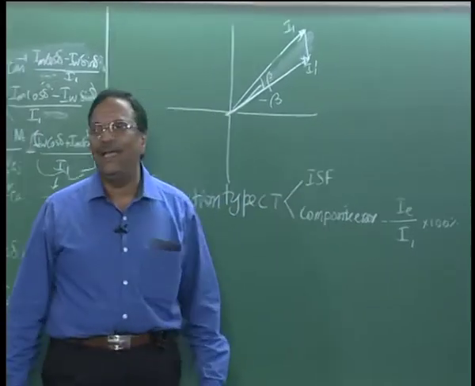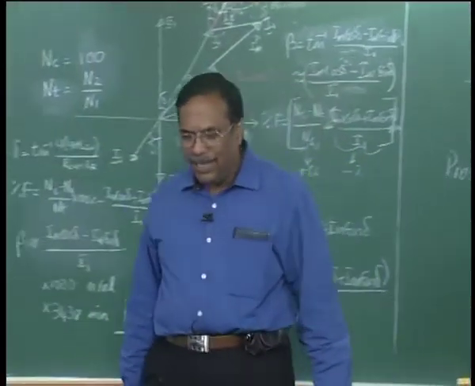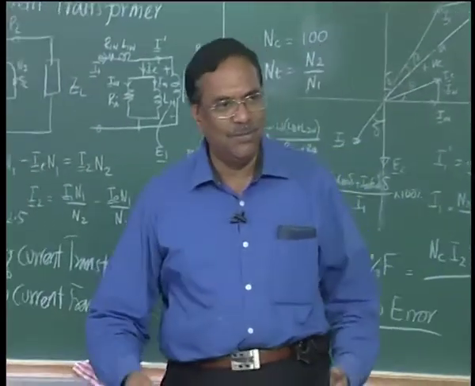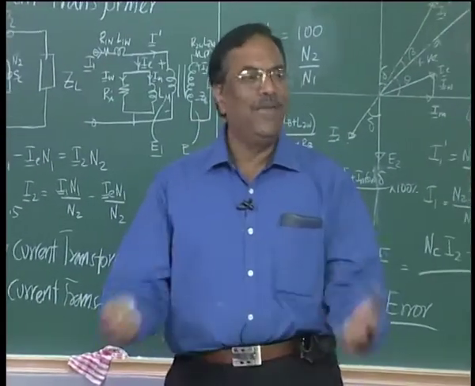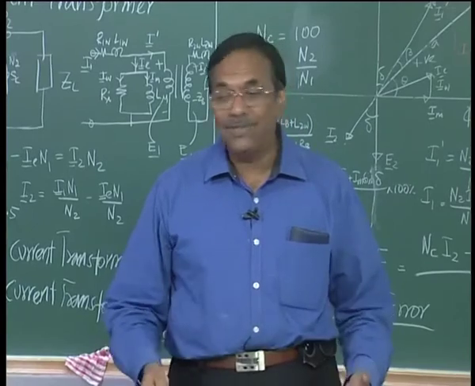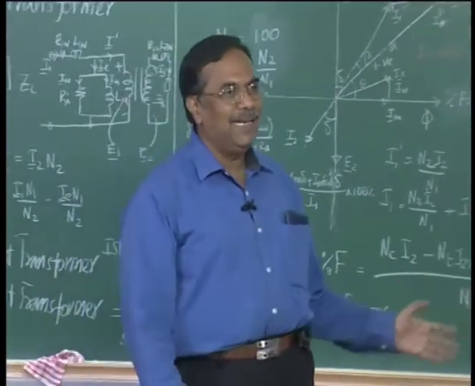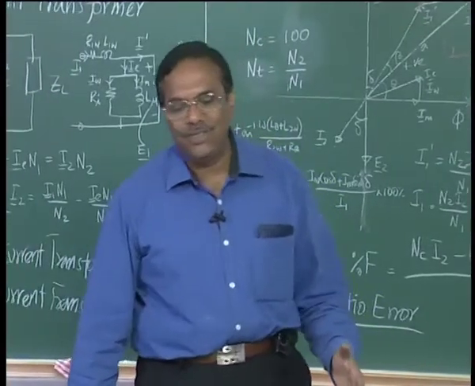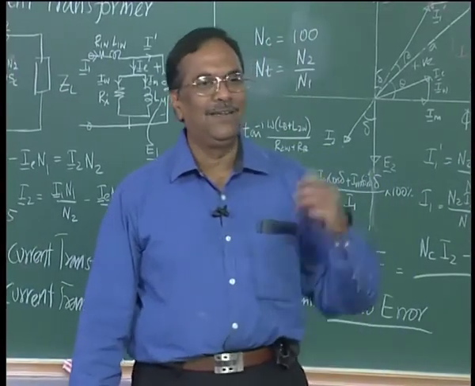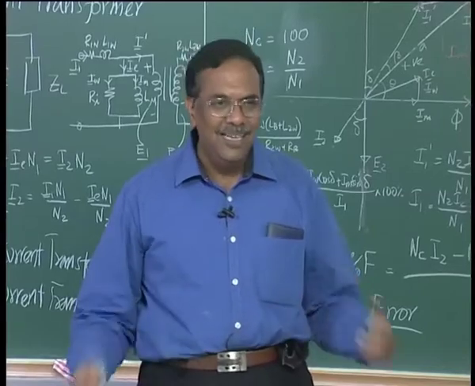So if you are looking at a protection type current transformer, or you want to buy one, you should not say my protection current transformer should work at 10 times the current, and my ratio error is 1%, phase error is 60 minutes. That is not correct.